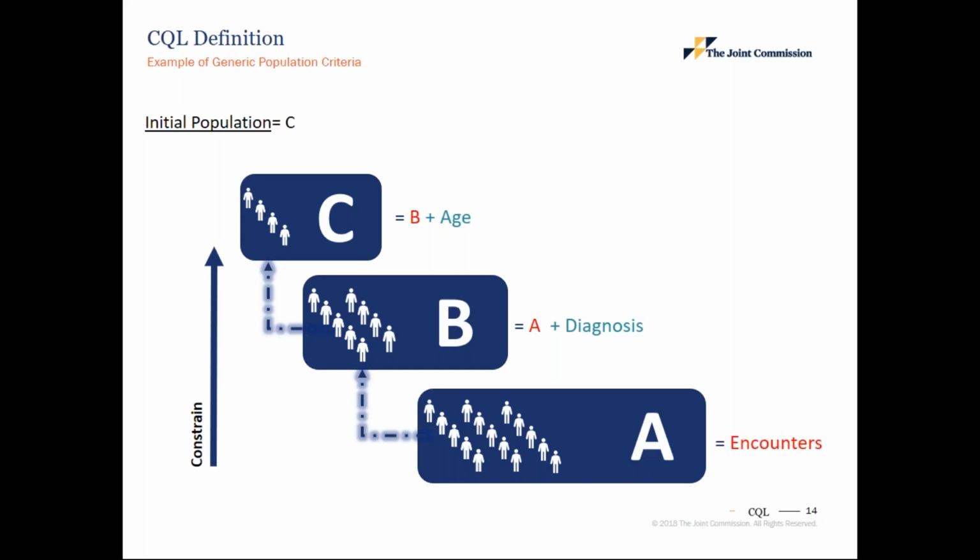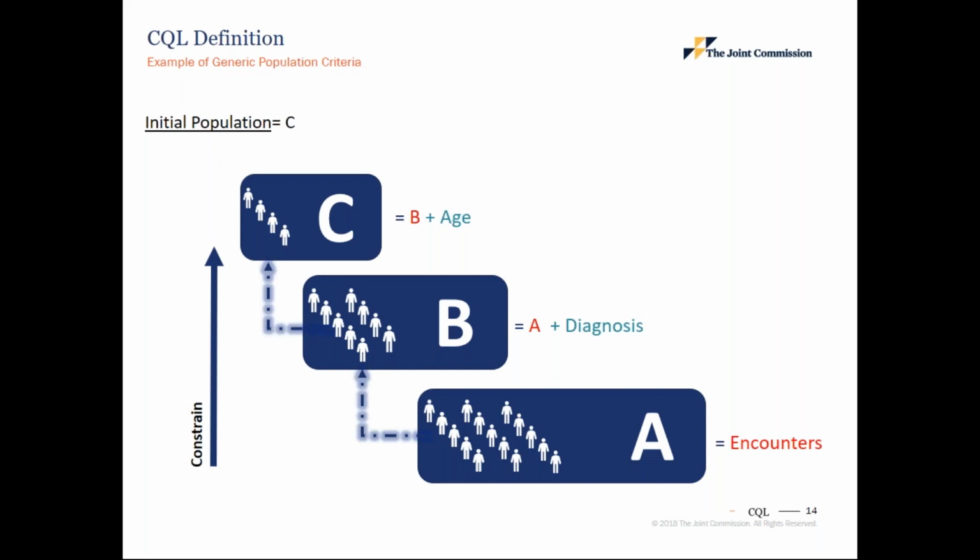So each block represents a definition, and each definition addresses a specific population parameter. At the base of the diagram is the largest block, with the largest population as indicated by those little people icons. Then A represents the title of the definition, and encounters represents the logic in this definition.